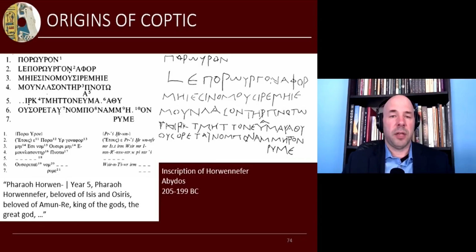When you look at it, it looks like Greek characters, but when you try to read it, you find out that it's actually in Egyptian. And this goes all the way back to the late 3rd century BC, one of these rebel pharaohs, native rebel pharaoh against the Ptolemies. And someone went into this temple and scratched this into a wall, Greek characters, but to write out the sounds of Egyptian.